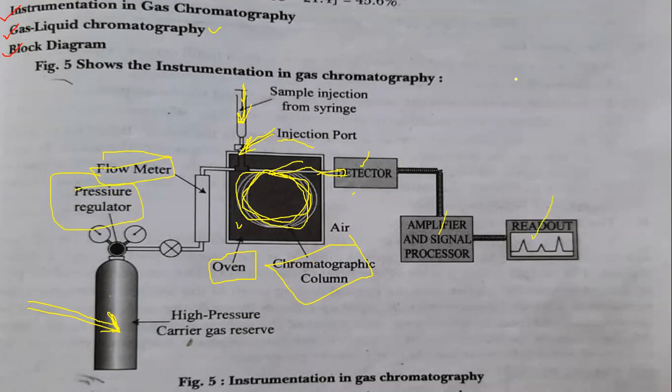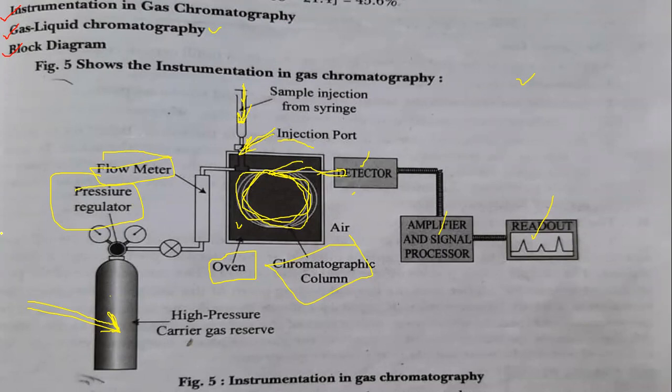In this manner, the whole gas chromatography works. Now we'll see one by one how the reservoir should be, what the requirements of the column are, the requirements of the stationary phase and mobile phase, and what types of detector we can use in this system.